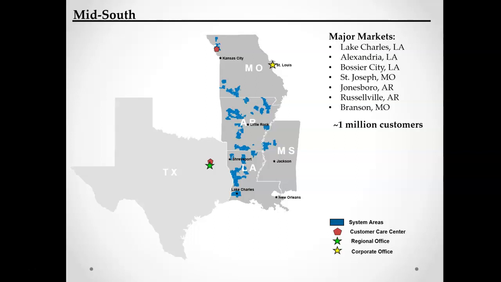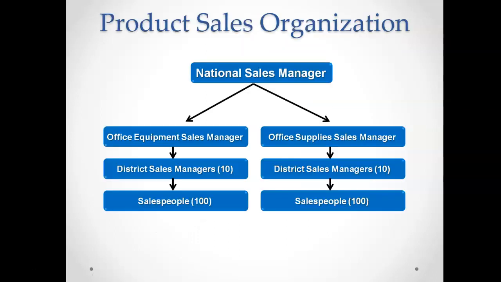Those would be like the call centers that you'd call into if you had customer service. And then you can see where most of the people are located, that it's a fairly central area within a geographic area. So it was called the Mid-South.